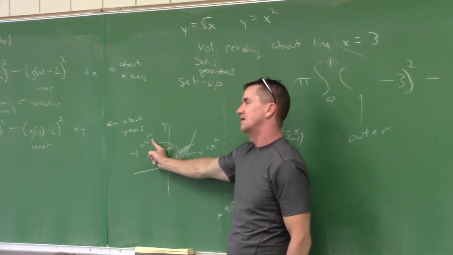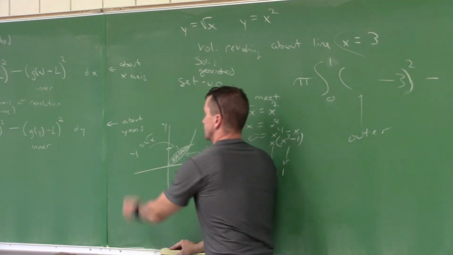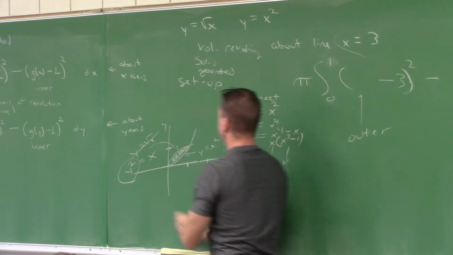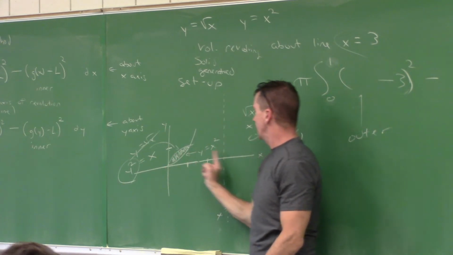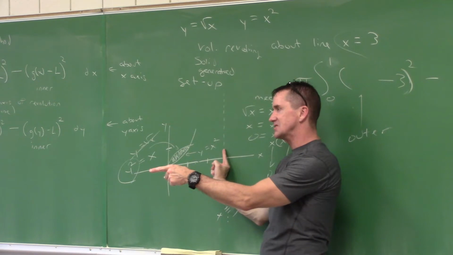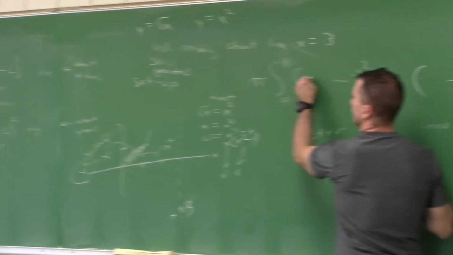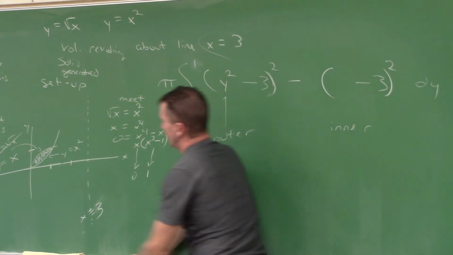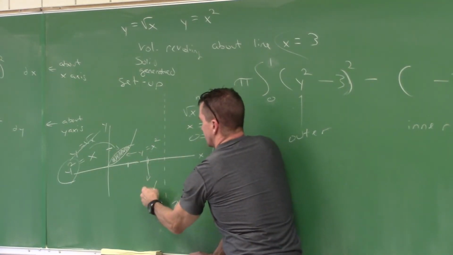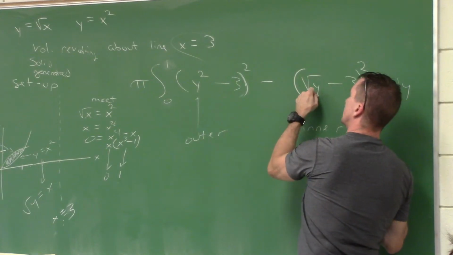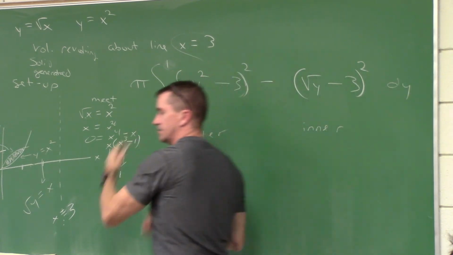Let's start with that one. Can you solve for x there? If y equals square root of x, what's x equal to? y squared. x equals y squared. All right, got one. And that's further away from this, right? So x equals y squared, further away from the axis of revolution? All right. You're further away. You're the outer. Who's the inner? When I need you to solve for x there, what would you get? Square root of 1. And there you go. But we were just going to set it up.